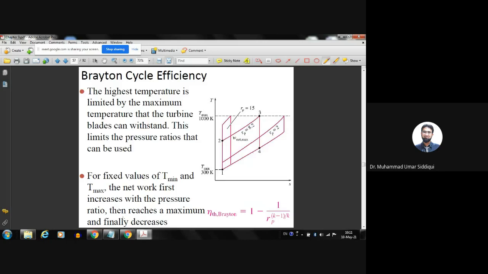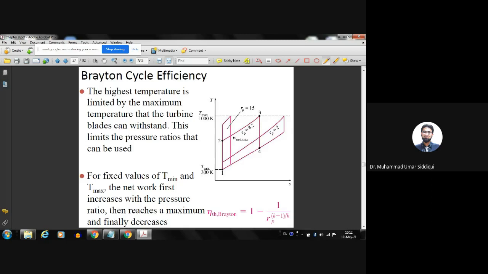Okay, the other thing that I mentioned before about the Brayton cycle is one of the limitations. One of the limitations of the Brayton cycle is that we can do the combustion only to the extent that the temperature at the exit of combustion reaches or remains below the operating temperature of the turbine, because the turbine receives the combustion gases, and since the combustion gases are at a very high pressure and temperature, there is a possibility that the turbine might start deforming or melting.